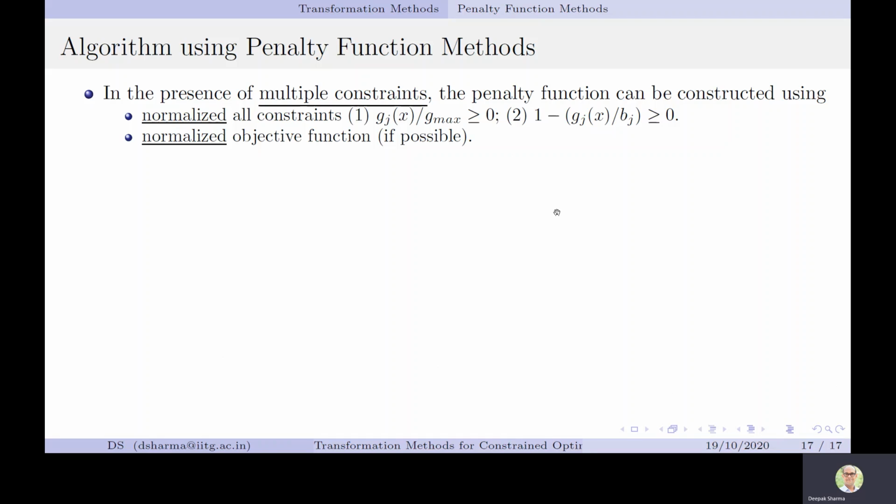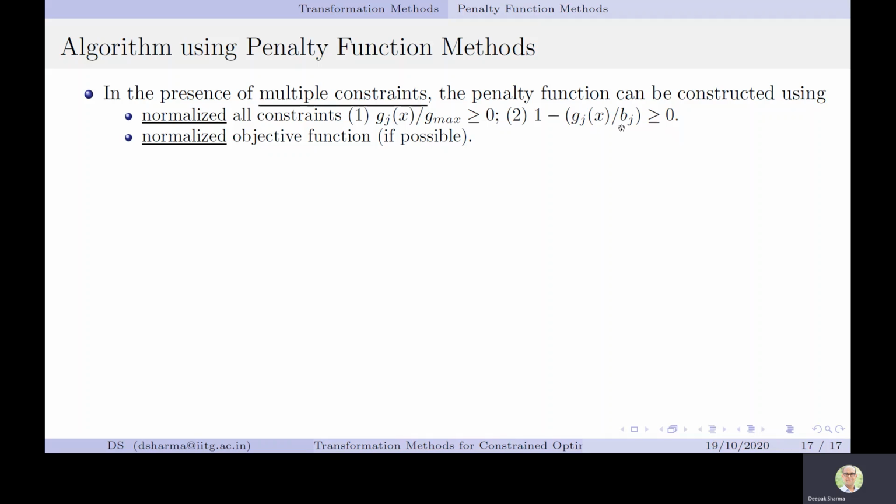Here there are some guidelines. In the example we have solved, we had only one constraint. Suppose we have many constraints, then it is advisable that we should normalize the constraints. So I have written one form as Gj(x) divided by Gmax should be greater than 0, or 1 minus Gj(x) divided by Bj greater than 0.